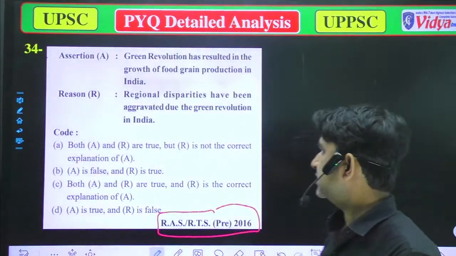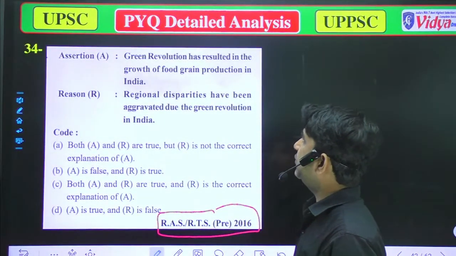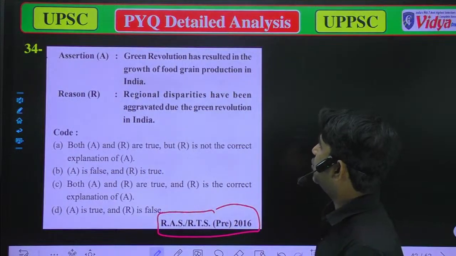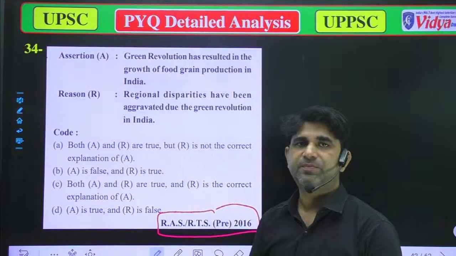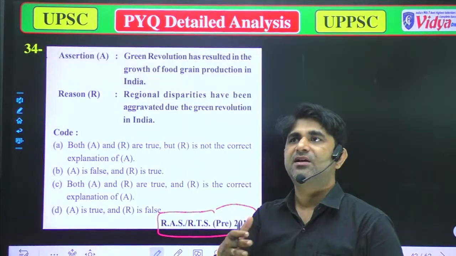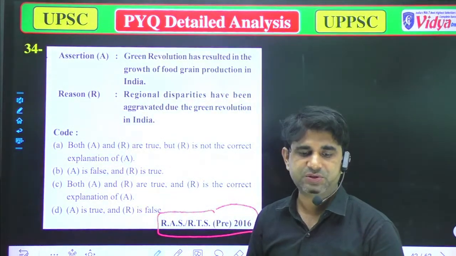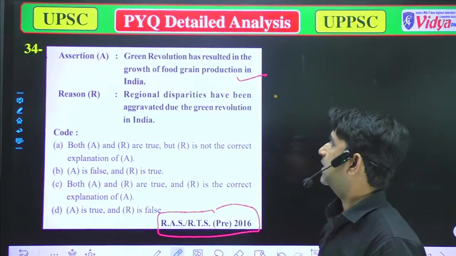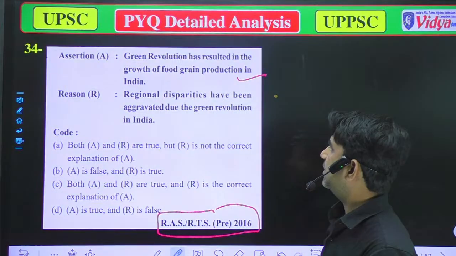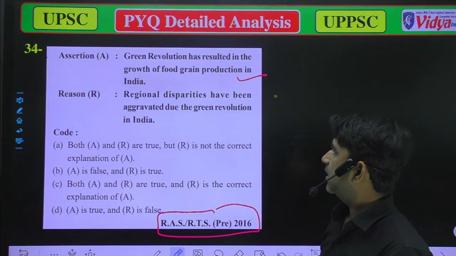The assertion is that the green revolution has resulted in growth of food grain production in India. That's true, because due to the green revolution our food production has increased at a drastic level. So option 1 is correct. The reason is that regional disparities have been aggravated due to the green revolution in India.